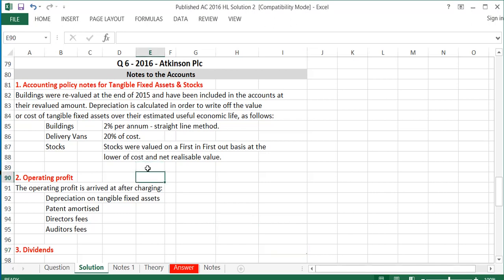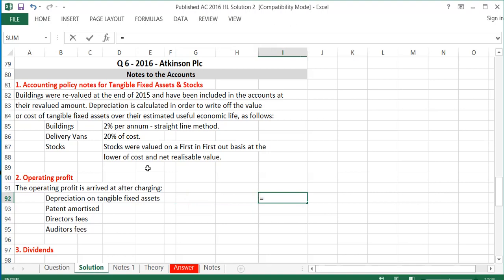The operating profit. It says in the question, the operating profit, and again, these are standard figures that have to go in every time that we do this question. So it says the operating profit is arrived at after charging. Now, these 4 things have to go in. So the first thing that's going to go in here is depreciation of tangible fixed assets.